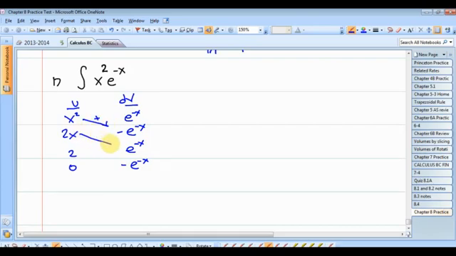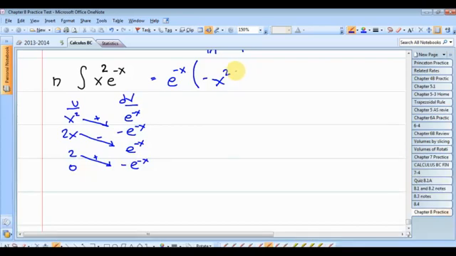Plus, minus, plus. Okay. Every term has an e to the negative x, right? You do negative e to the negative x. So this leaves me with a negative x squared. Yeah, because they're all negative.